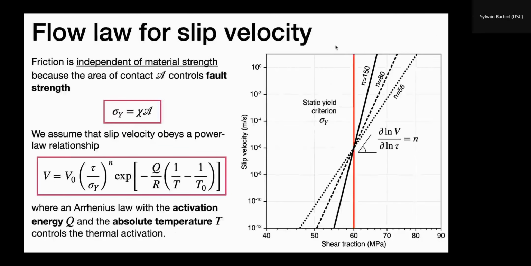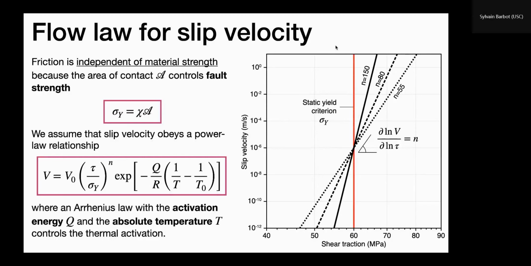The second thing that we need is to connect the area of contact to fault strength. And that's actually the easiest part, but it is an important assumption. We assume also, following adhesion theory, that the yield strength, the strength that we need to overcome to allow sliding, is proportional to the real area of contact.